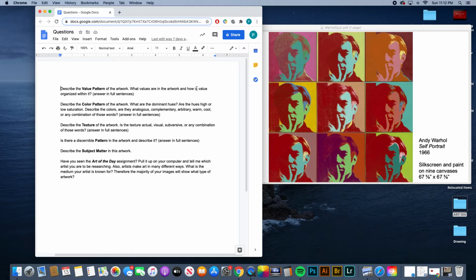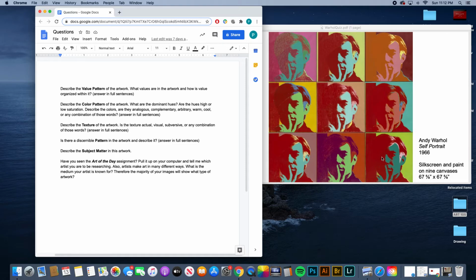Well, I see a grid. I see some darker values in most of the grids, but I would say that the darker values are in the bottom, say 2 rows. The top row isn't quite as dark in value, or it is a higher value, is another way to say it.